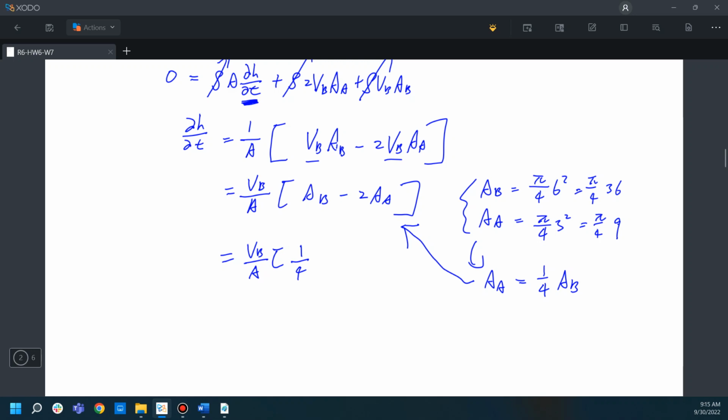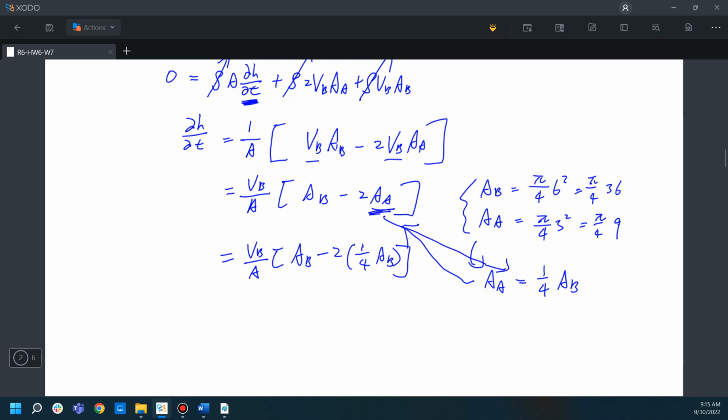No, this is AB minus 2 AB, 1/4 AB, because we know AA is equal to this.